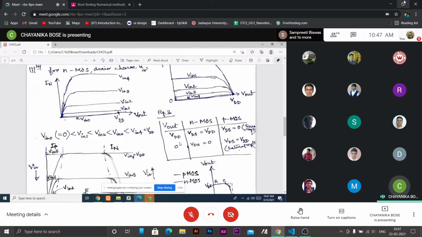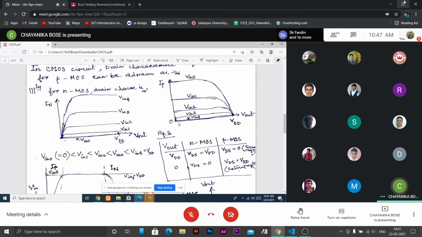And when V out is 0, because we have plotted V out, then VDS is VDD. The drain to source voltage across the PMOS is large, so the saturation region will appear corresponding to this one. So VDD, 0, these are the saturation regions for PMOS.